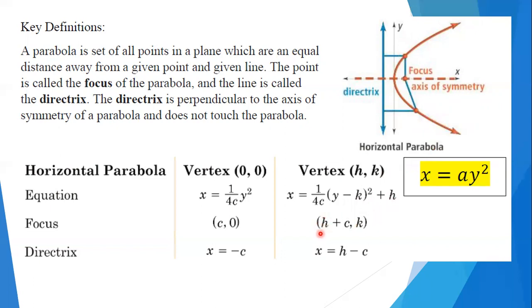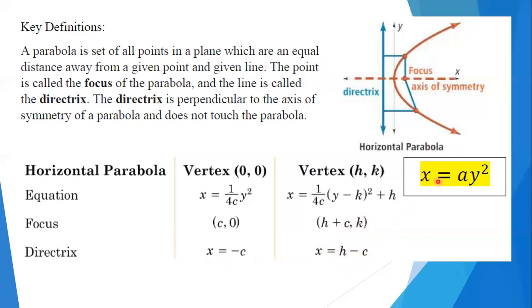Just gotta understand, same concept, just x and y have now switched roles. So x is now your dependent and y is now your independent. So your focus now is h plus c, comma k. And your directrix is x equals h minus c.